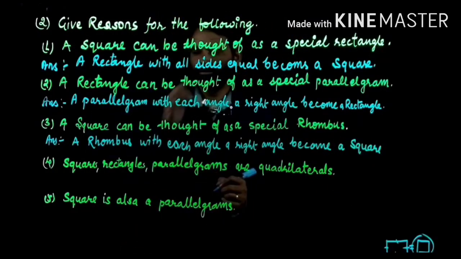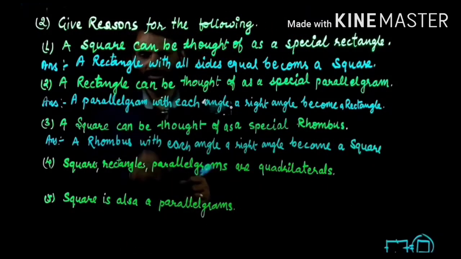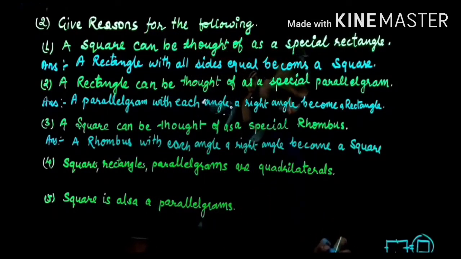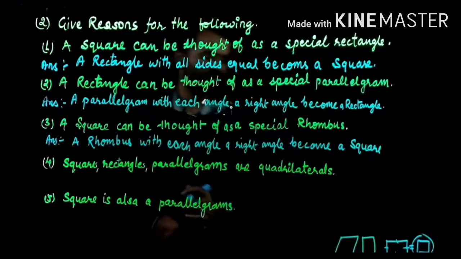A square can be thought of as a special rhombus. Yes, a rhombus with each angle 90 is a special rhombus, it is called a square.